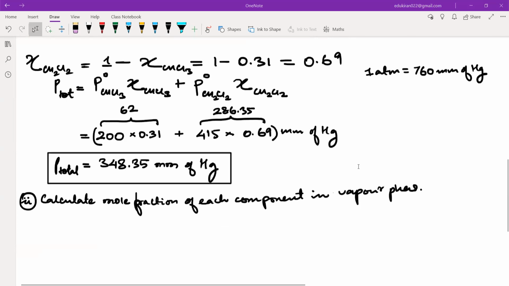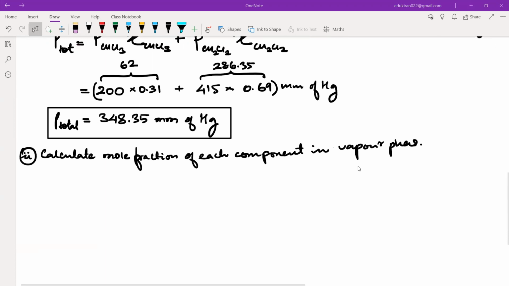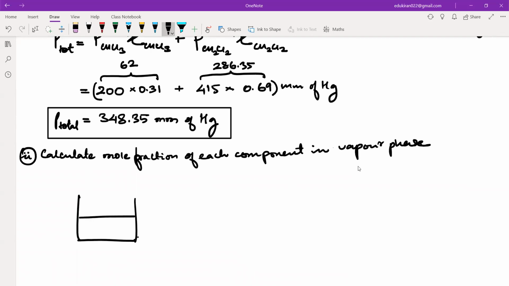Calculate the mole fraction of each component in the vapor phase. We had a container in which we had CH2Cl2 and CHCl3. Similarly, you will have the vapor phase with maybe the same things, blue and black atoms. Now they are saying let us just focus on the vapor phase.